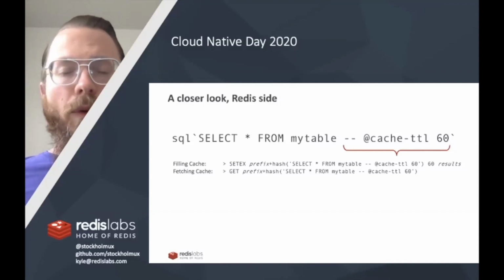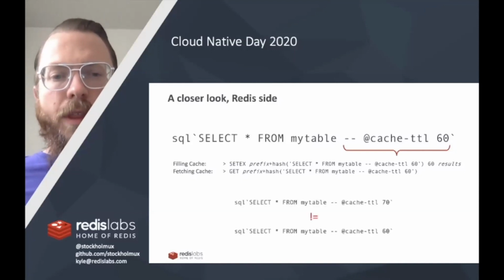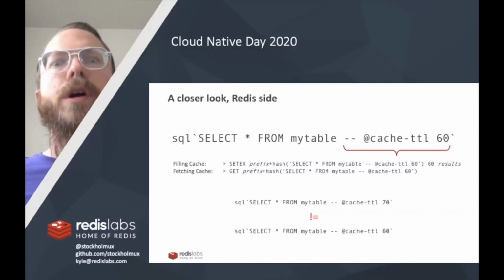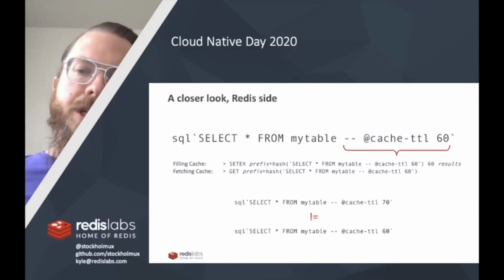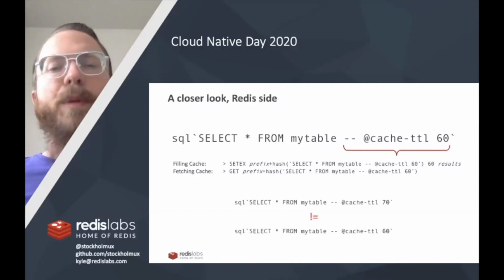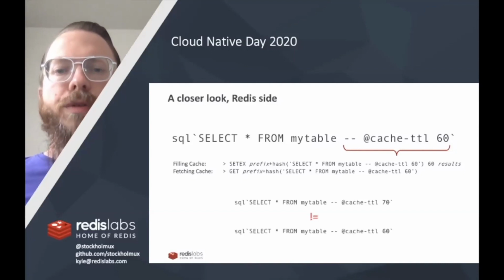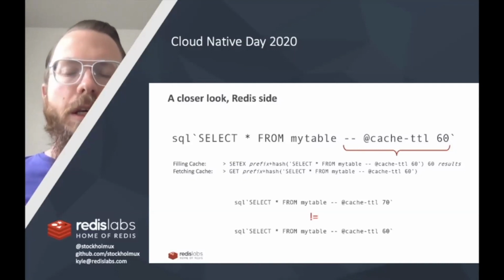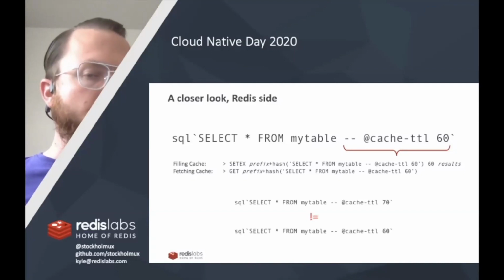One thing to keep in mind here is that this has a little bit of a weird quirk to it. If you put different cache TTL values in, you could have replication inside your cache. You can replicate many different keys over and over, or many different queries over and over again. This makes some sense. There's good reasons for this.